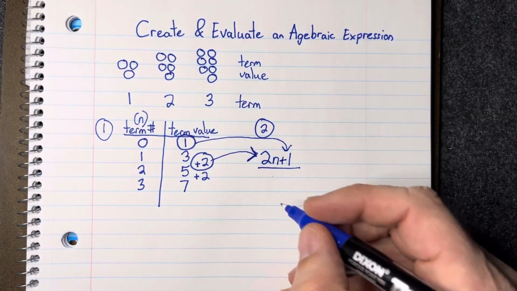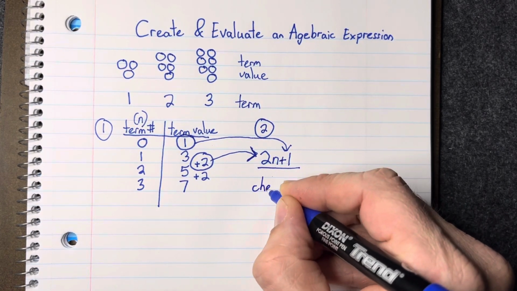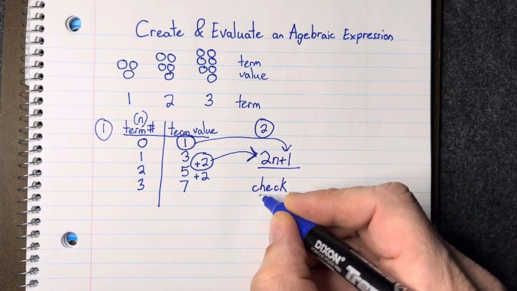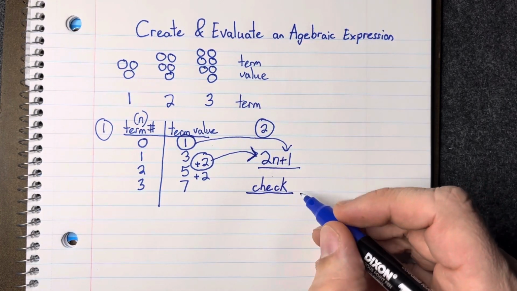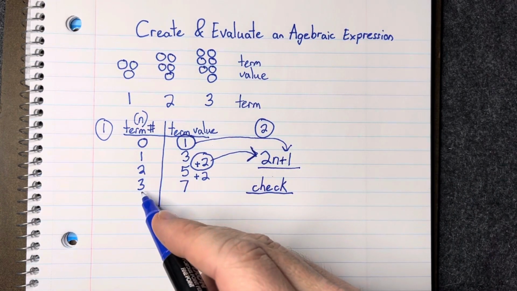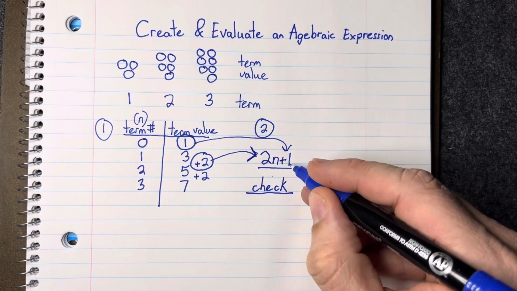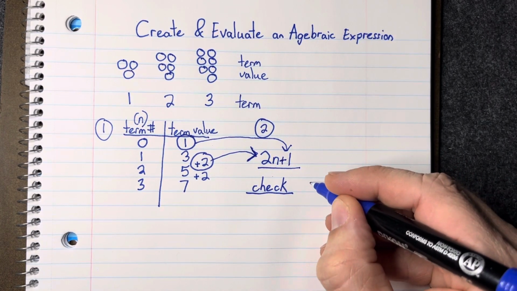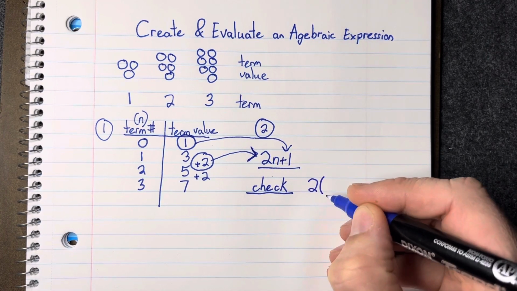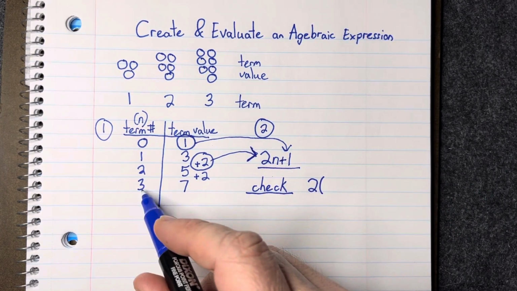Now, if we want to check, just to make sure that we've done this correctly, we can substitute one of the terms that we know into this algebraic expression. So this is us evaluating it. Let's say we want to look at the third term.